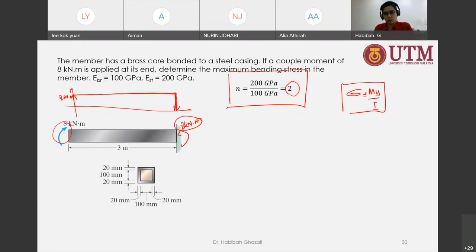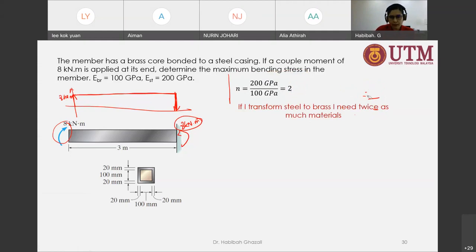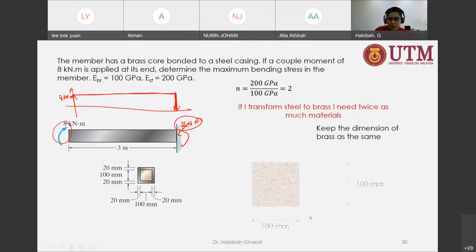You can do it yourself and transform brass to steel. What I'm doing is transforming steel to brass. So when you do that, you must maintain the dimension of brass. The brass that you have here, you maintain it. So the one in the middle, 100 by 100 millimeter, is exactly how it is.